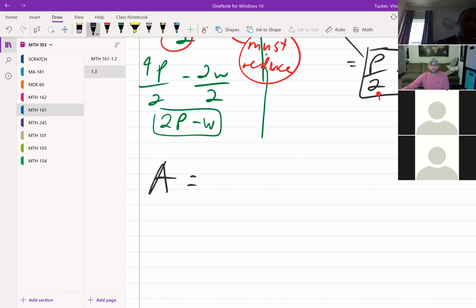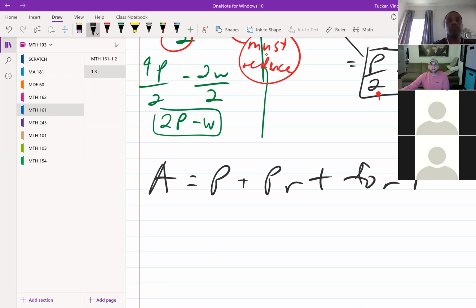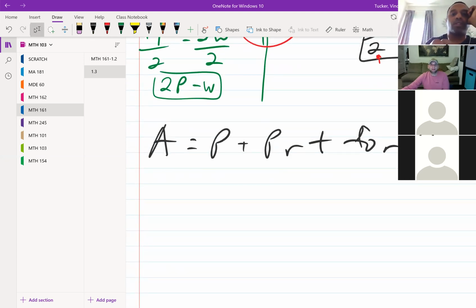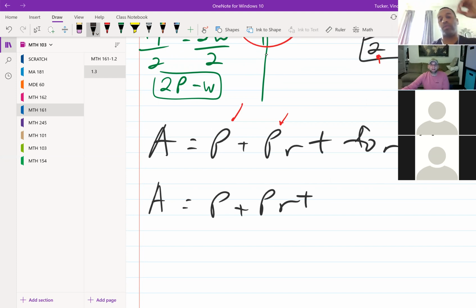A equal to P plus PRT. And we want to solve for P. Okay, so we recognize that here we want to solve for P, but we have P in two different places. In order to solve, we need one solid variable on one side by itself.